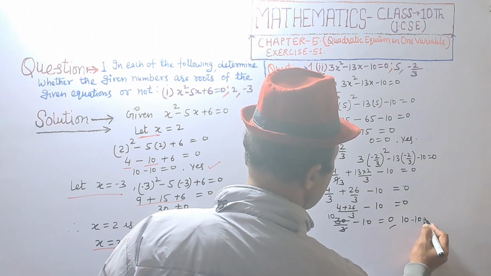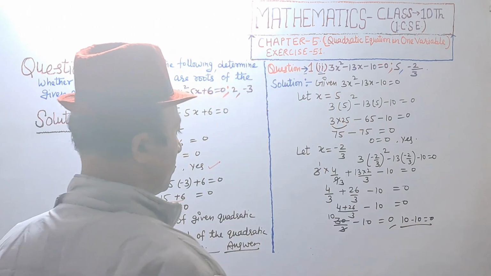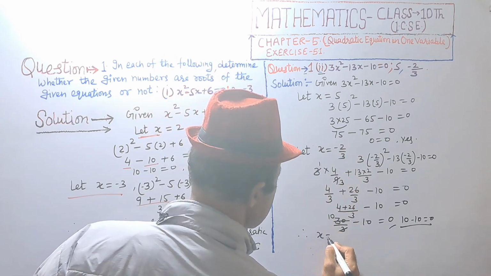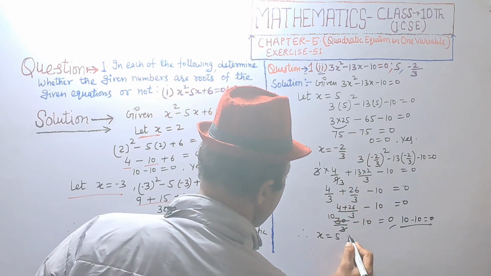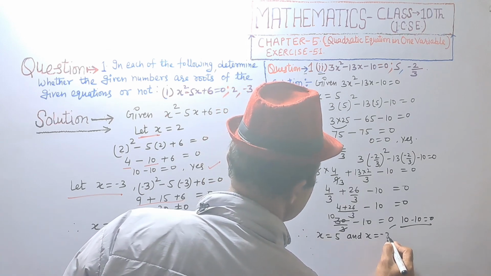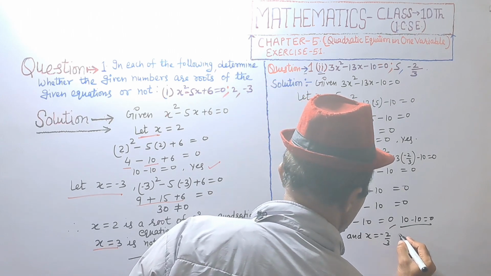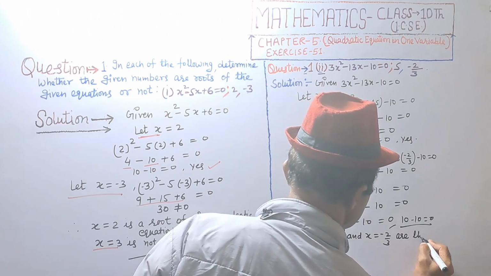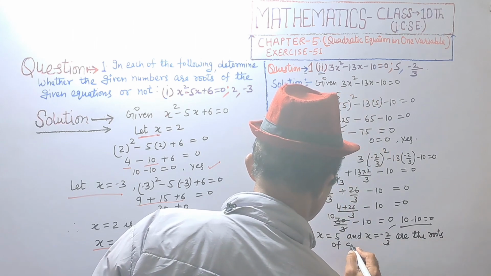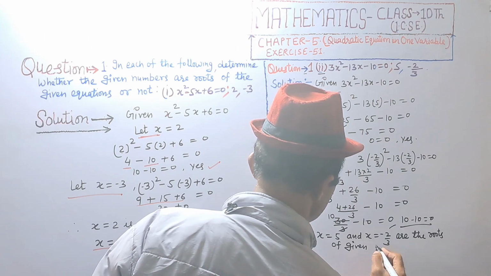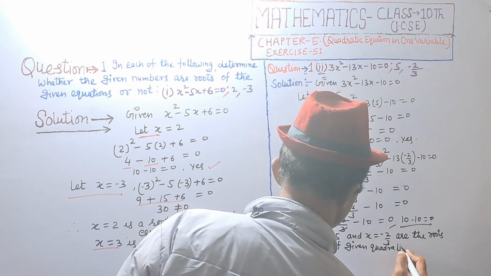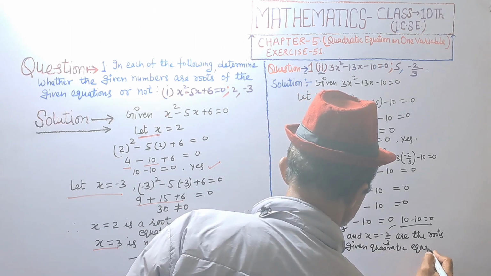So 10 minus 10 equal to 0. Yes. So x is equal to 5 and x is equal to minus 2 upon 3 are the roots of the given quadratic equation.